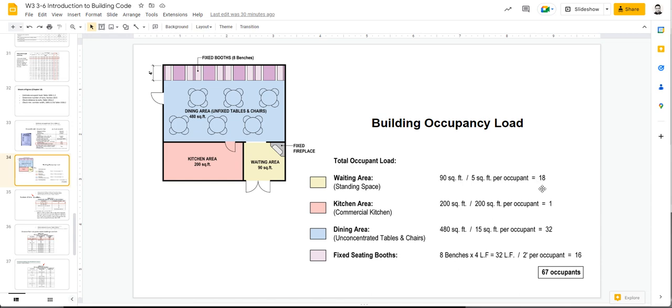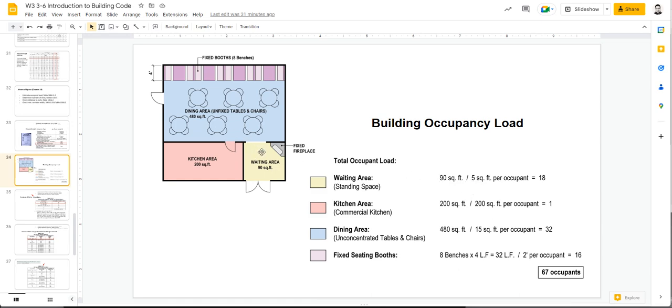So naming a room is also a factor. If you don't name this room as a waiting room and it's just an open area that's part of the dining area, then it's just part of the dining area and it doesn't have a 5 square foot occupant load. It will be part of the 15. Not naming a room that's directly connected without a door will certainly not trigger a higher occupant load.